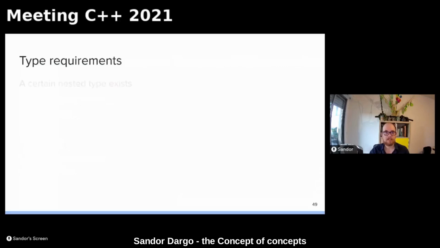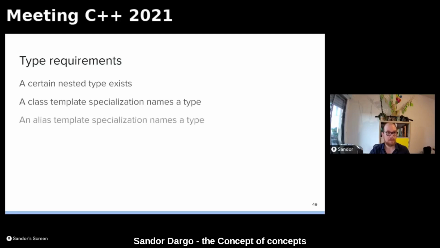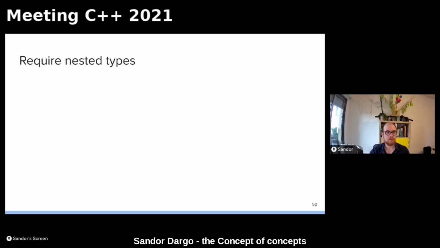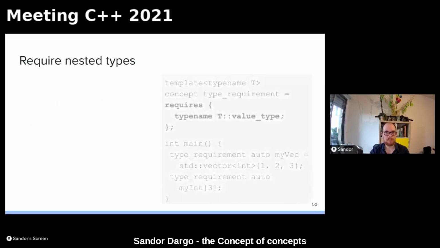You can express some type requirements. So you can express that a certain nested type should exist, something that we already saw with that blah example. You can say that a class template specialization should name a type, and you can do that also with alias template specialization. So we are going to see some small examples for each. For the nested types, you can say that you require that this T::value_type should be a typename.